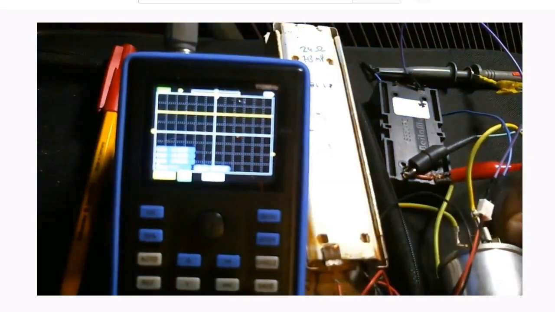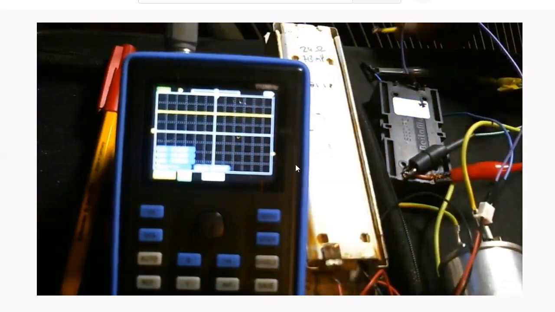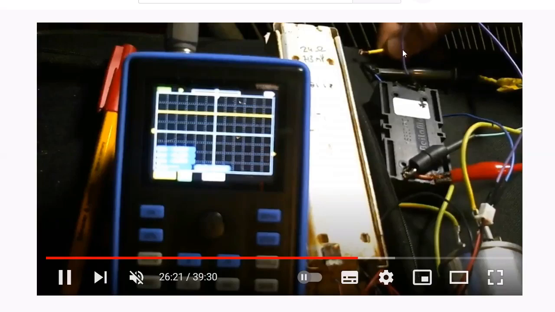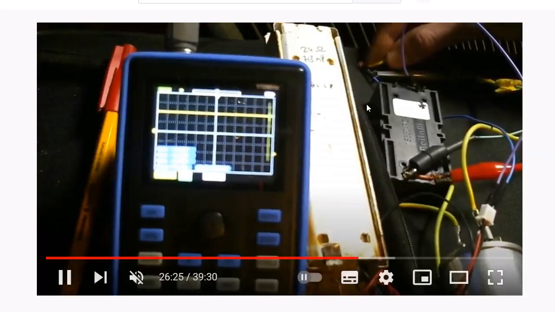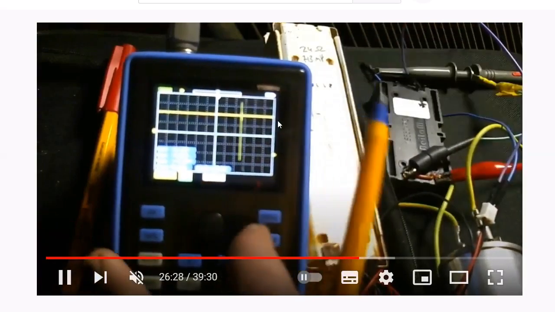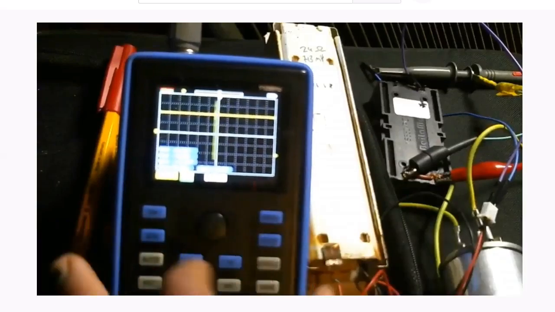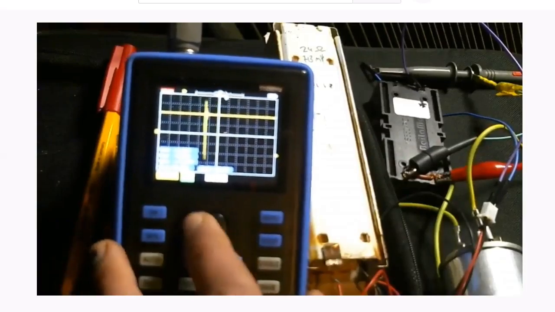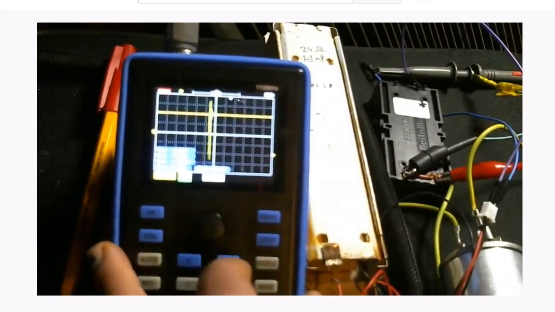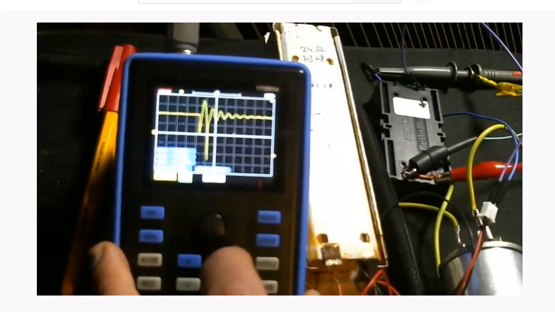Here I discharge the capacitor fully, and here I manually close the circuit and get this spike on the scope, stop it, and scale it to see what is a picture.